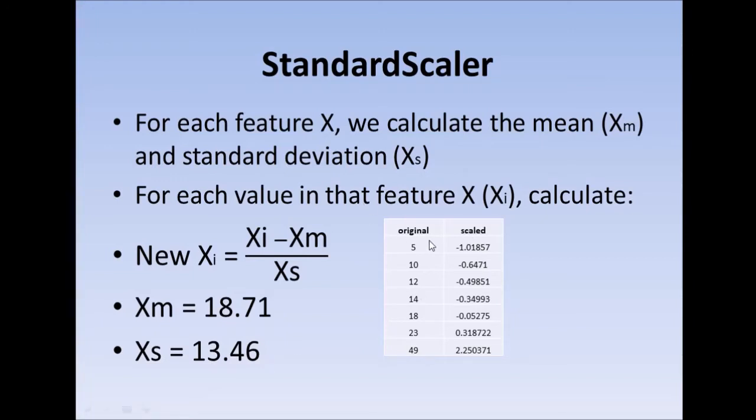And then for each particular observation in that feature, it will use that value, that is 5 minus the mean, which is 18.71, divided by 13.46. So we'll get minus 1.01. Then for the second one, similarly, we'll get 10 minus 18.71 divided by 13.46.